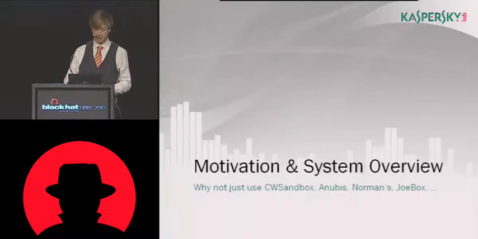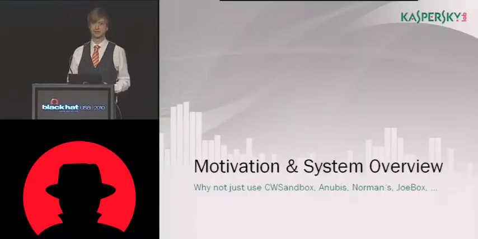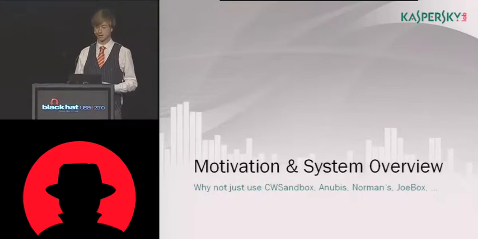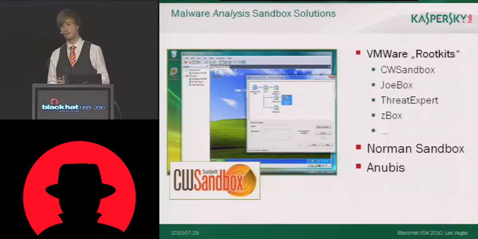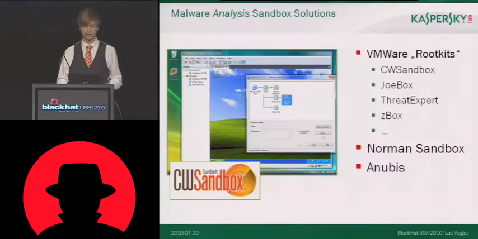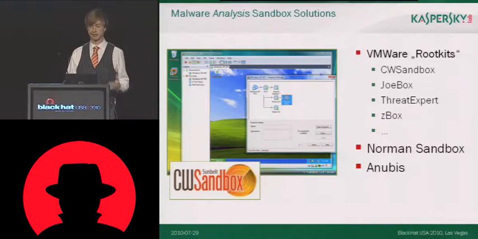But anyway, let's first find out why not just use these existing solutions and how this looks in general from a high-level point of view. There are two different kinds of sandboxes out there. First, there are malware analysis sandbox solutions that ease your job as an analyst by automatically analyzing malicious code for you.